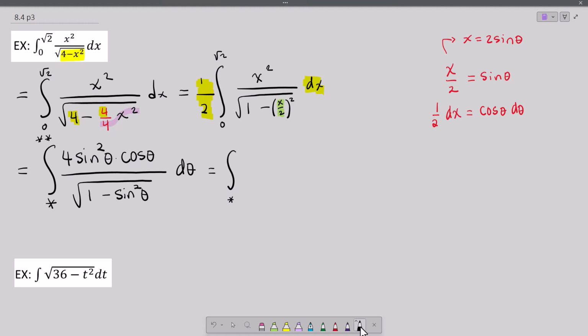So let's simplify what's inside the integral. What's 1 minus sine squared? Cosine squared. So 1 minus sine squared is cosine squared. And so we have square root of cosine squared. And what's the square root of cosine squared?